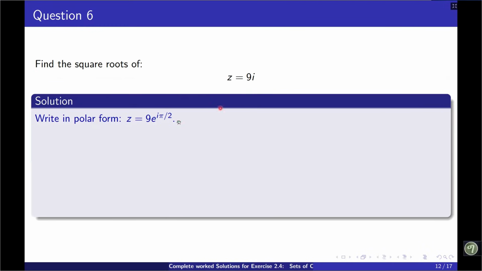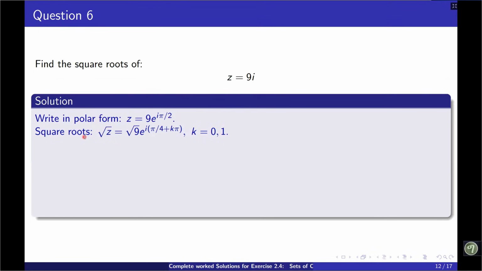The polar form of this one is z is equal to 9 times e to the power of i times pi over 2, because here r is the square root of 9 squared, that's simply 9, and theta: the real part of the complex number is 0, so that it is on the positive y-axis, so the argument becomes pi over 2.